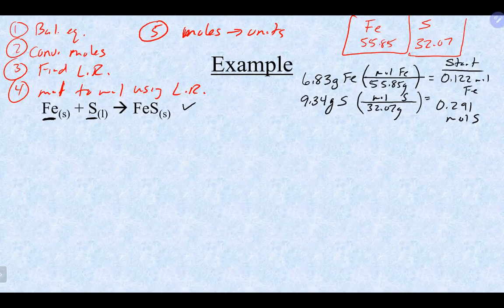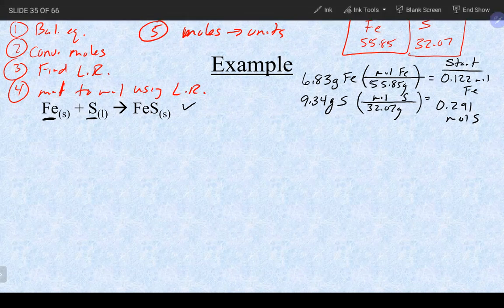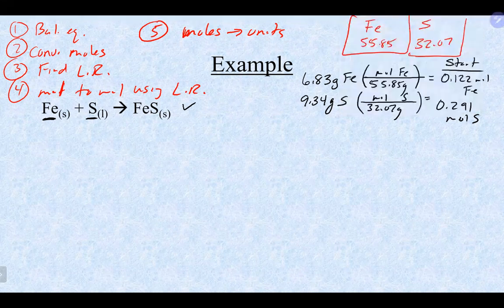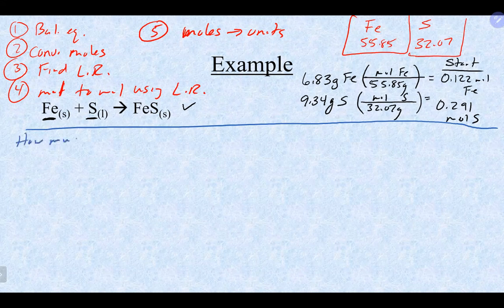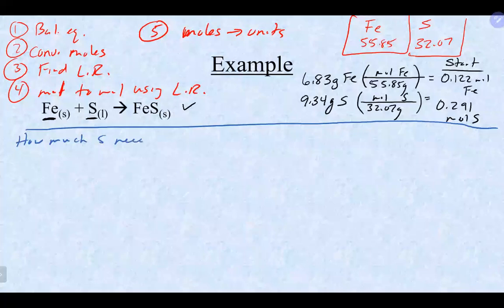So now we get to the part where we're going to figure out the limiting reagent. Once again, you could choose either reactant and do that calculation to figure out how much of the other reactant you need to use it up. So in this case, I'm going to choose iron. I want to know how much sulfur is needed to use up all the iron.